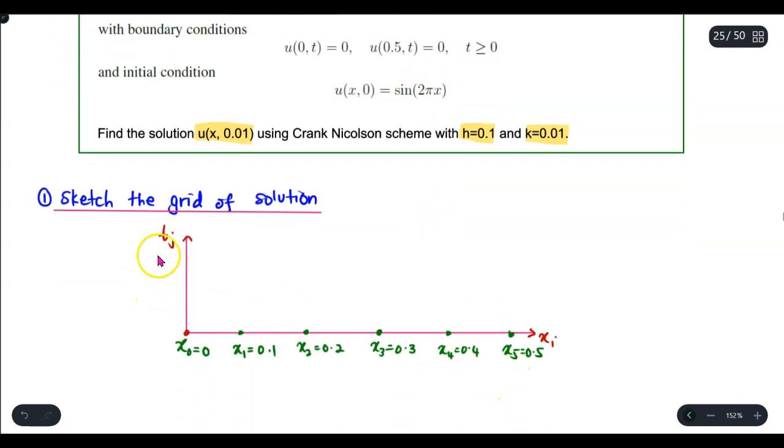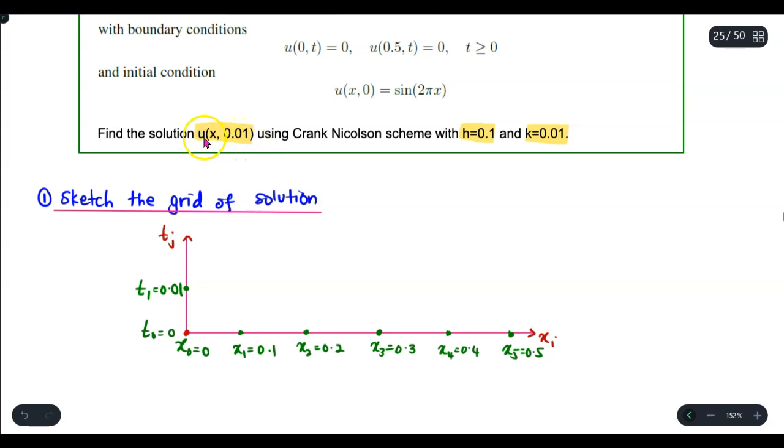For the y-axis, corresponding to tj, we start with t0 equal to 0, and the increment of t is k, where k is 0.01. So here we have t1 equals 0.01. We can stop there because the problem asks you to find the solution up to t equals 0.01 only.